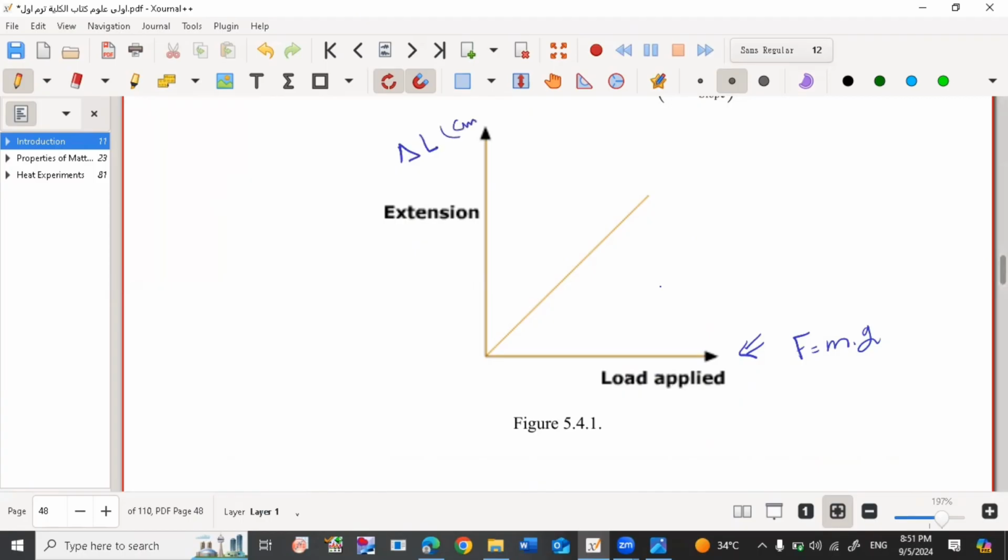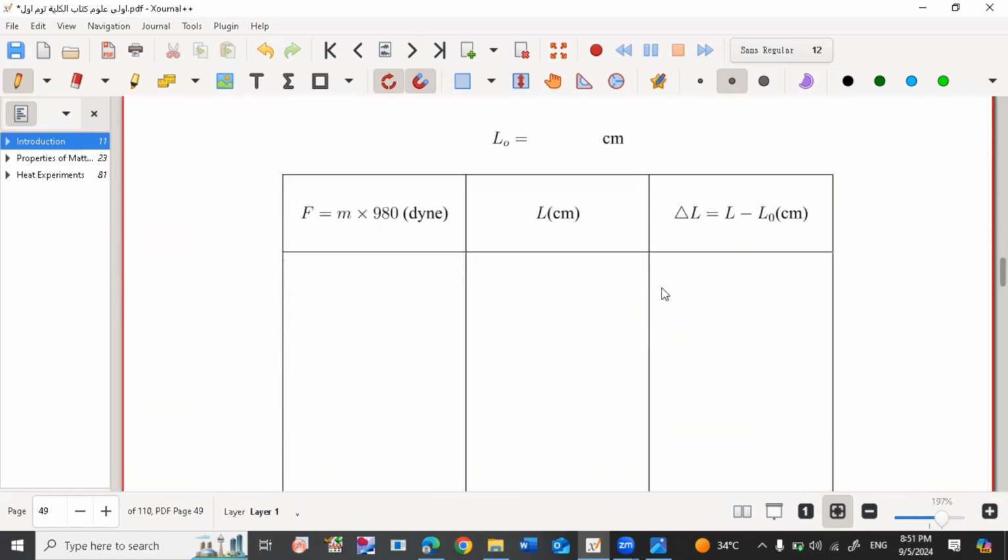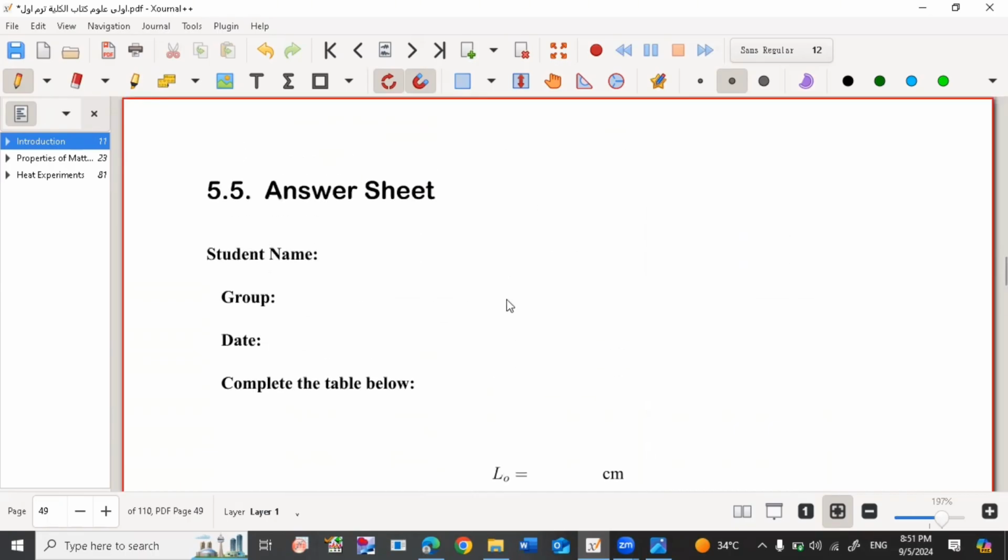This will be in centimeters, and this will be in dyne, because this is a unit of force, but on the small scales. So in this table, we are going to record our data. This is F and this is delta L, which means we are going to remove this L node from each reading we are going to take here.